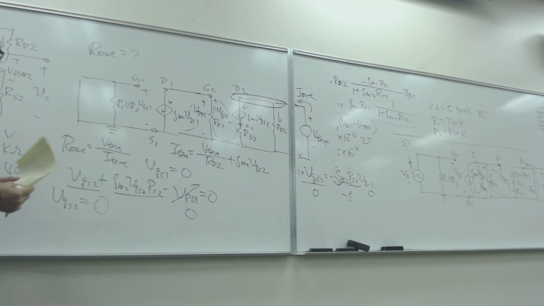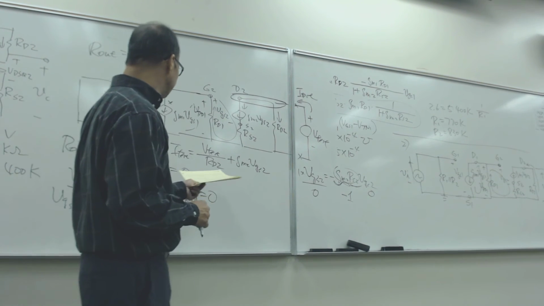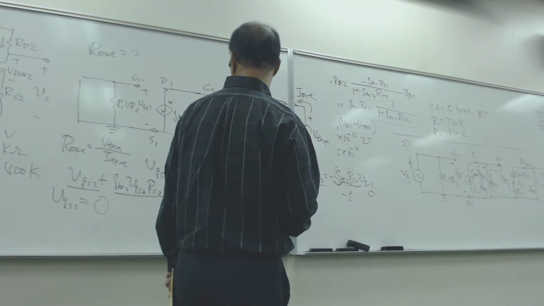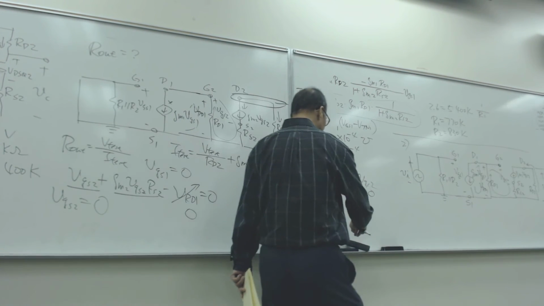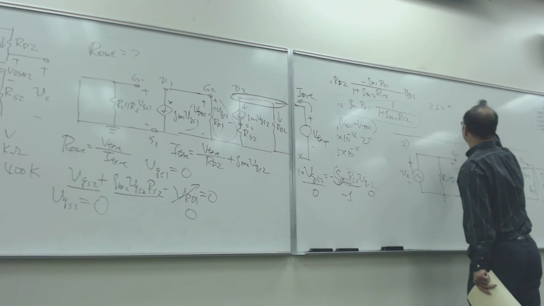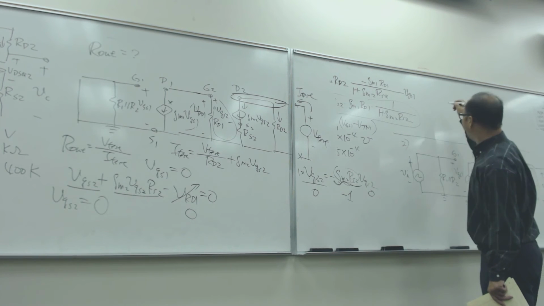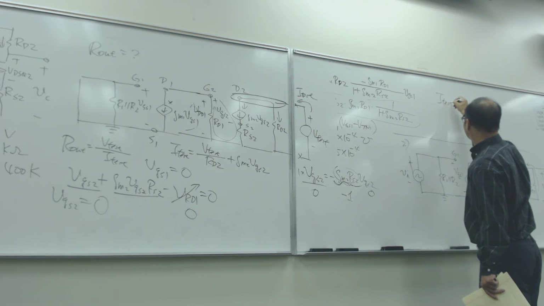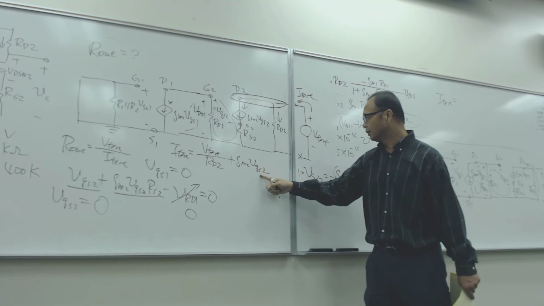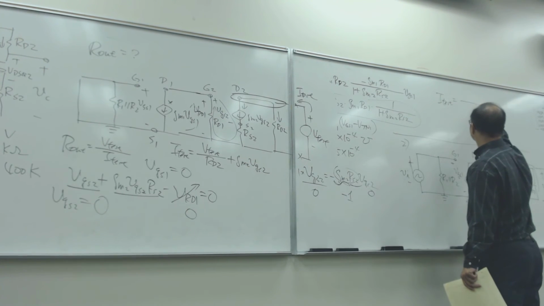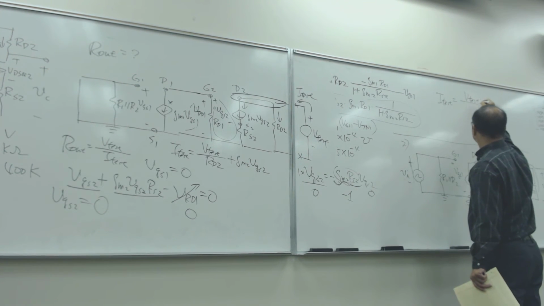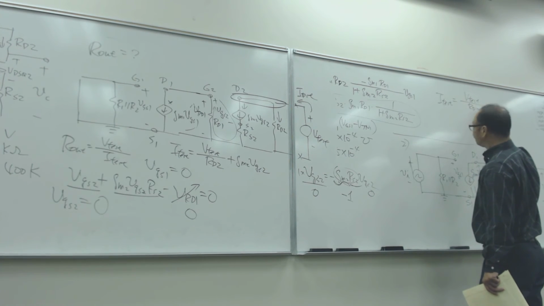Okay, so if that is 0, then make it easy, right? Then the I test, if you look at this equation, this is 0, right? So I test is V test over RD2.